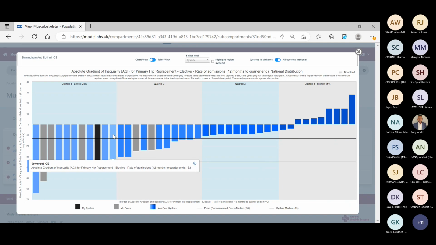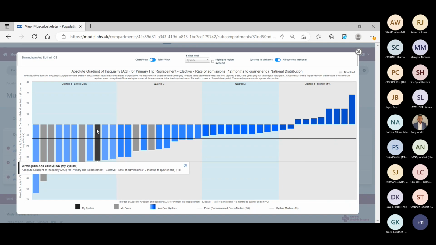For Birmingham and Solihull, for example, the most deprived LSOAs within the ICB actually have lower rates of elective admissions for hip replacements, standardizing for the age and sex of the population.